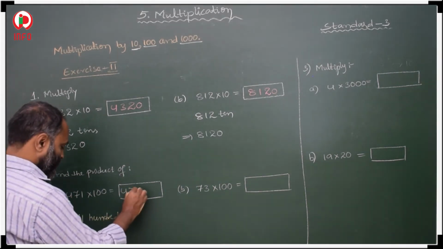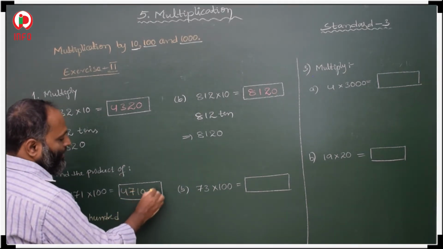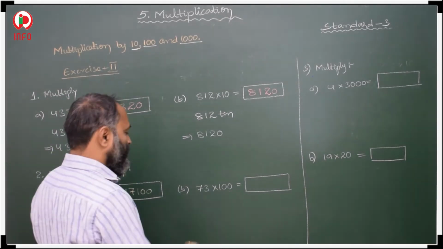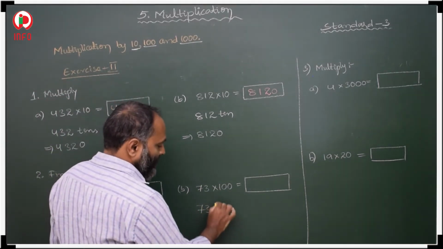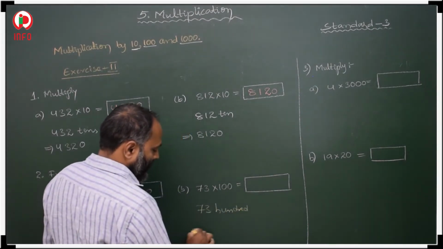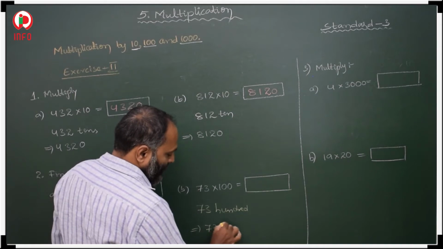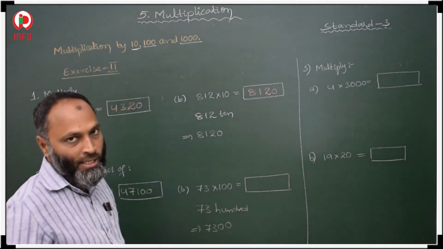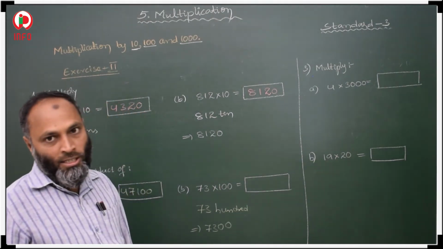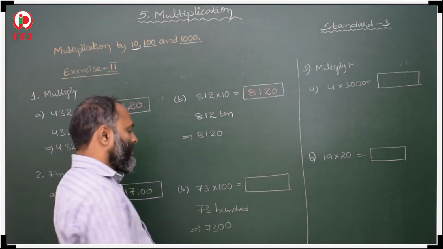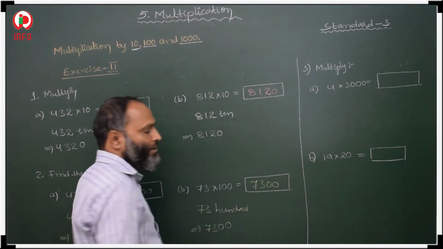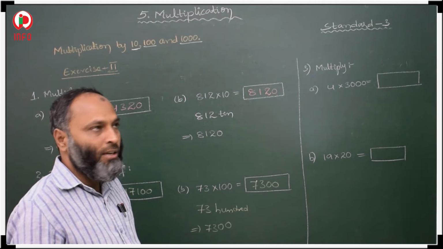That is 47,100 is our answer. 73 into 100 is 7300. We take 2 zeros because here 100 is there. In 100 we have 2 zeros, in ones place and tens place. So it is 7300.